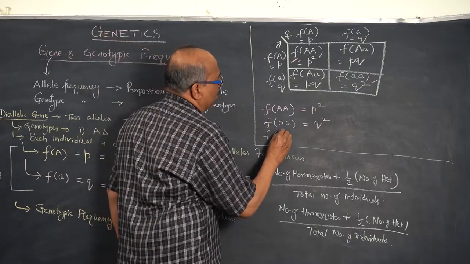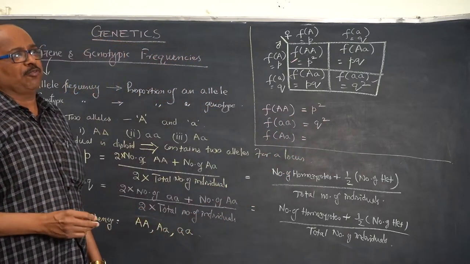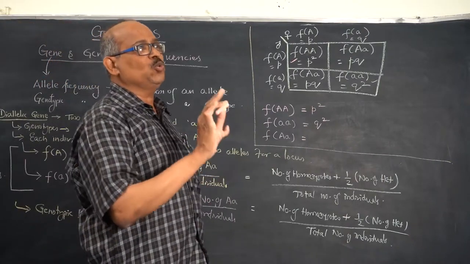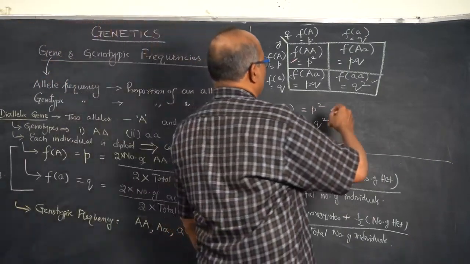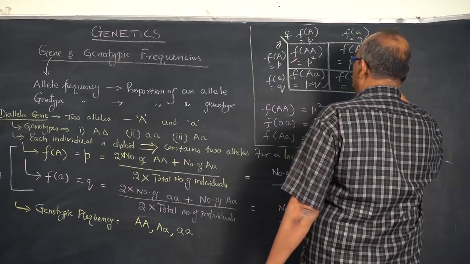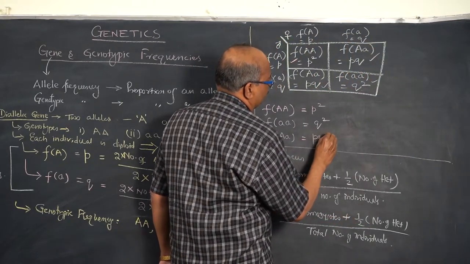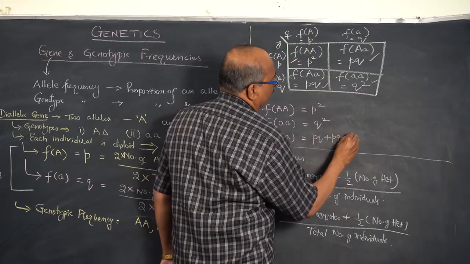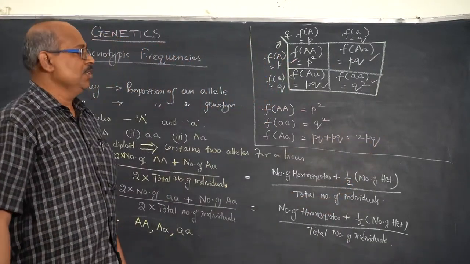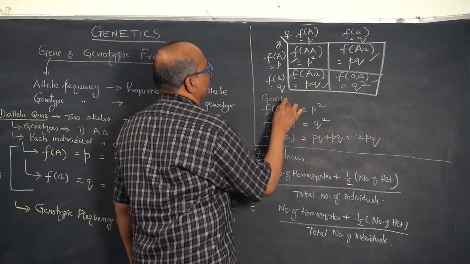Then frequency of capital A small a: here we should be careful because capital A small a occurs at two different places, one here and one here. So we get PQ plus PQ, which equals 2PQ. So these are the genotypic frequencies.